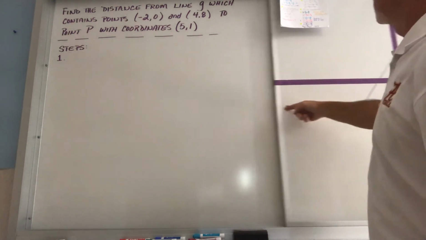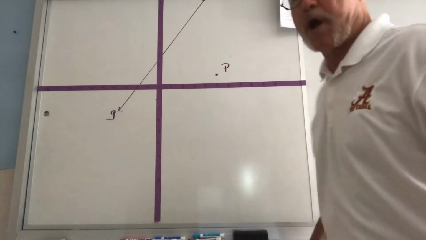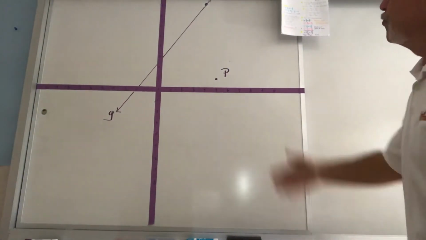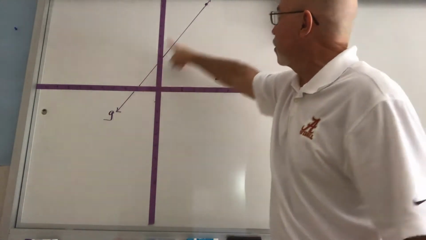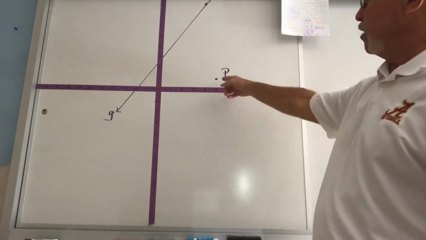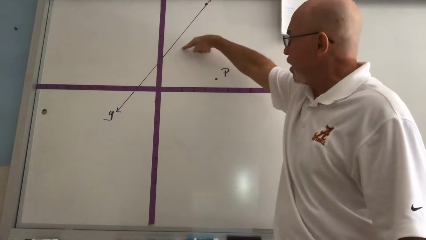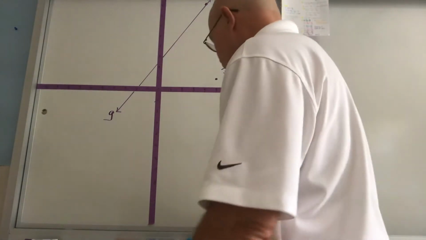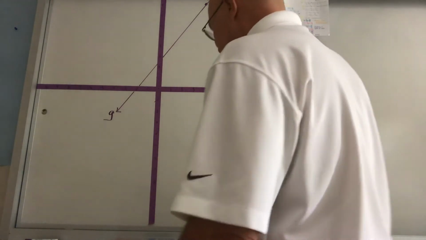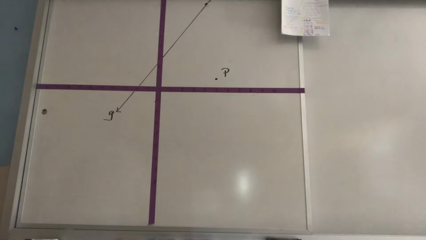Yet again, I want to visualize, so I am drawing this. Okay? So this is line G. Here are the 2 points, there and there. Here is point P. This is what we are going to have to find, that distance right there. Now, we don't necessarily know what that number is right now. Okay? But we're going to find it.